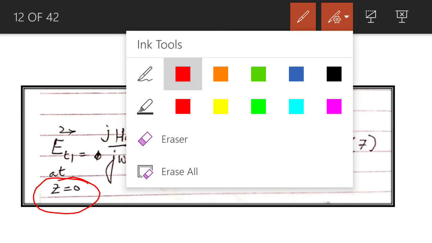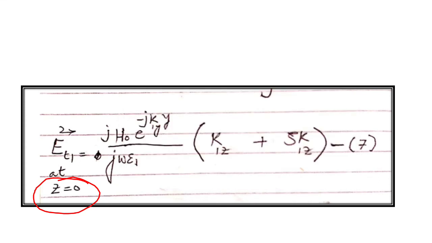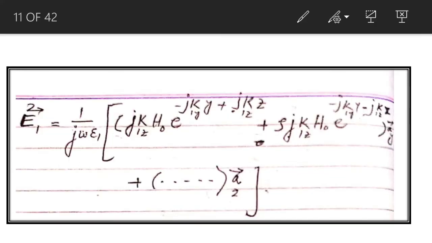If we put z is equal to 0 in the tangential component of E1, so you see here is the tangential component of E1. If z is 0, this component will be 0 and this component will be equal to 0.